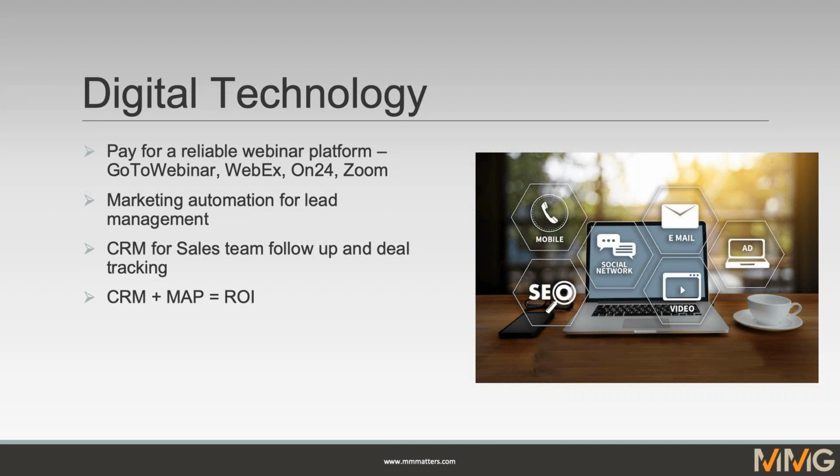And by using your CRM, you can track if leads are being followed up on. So your CRM, your customer relationship management tool, plus your MAP, your marketing automation platform, you can measure your ROI. If you're going to put a lot of time and then some money into a webinar, you'd like to know if it generated any business, and digital technology can track that for you.